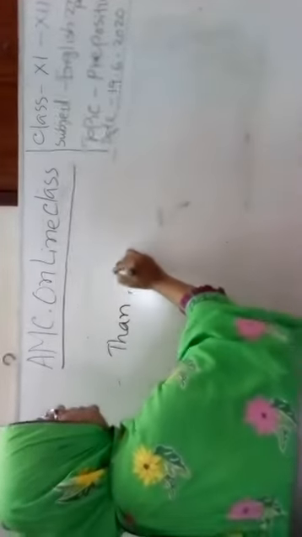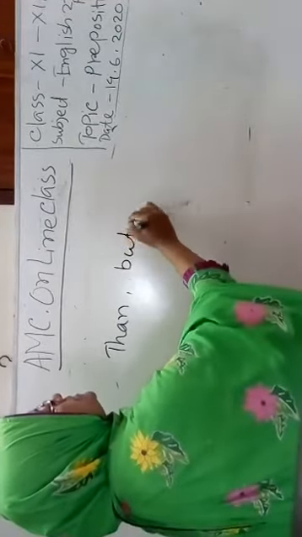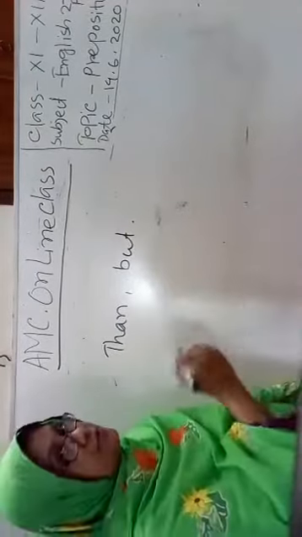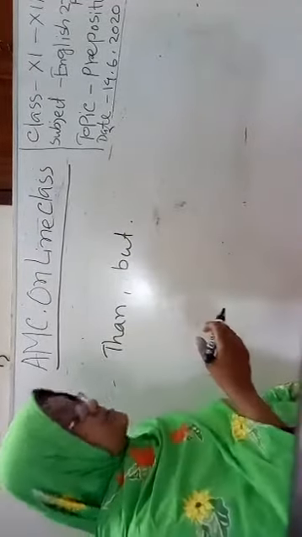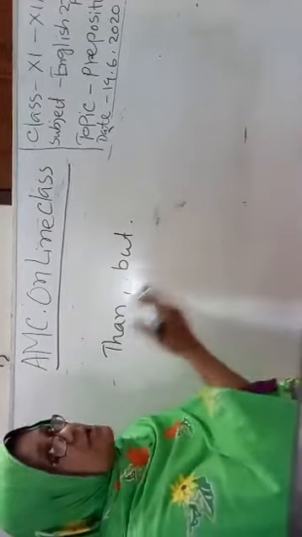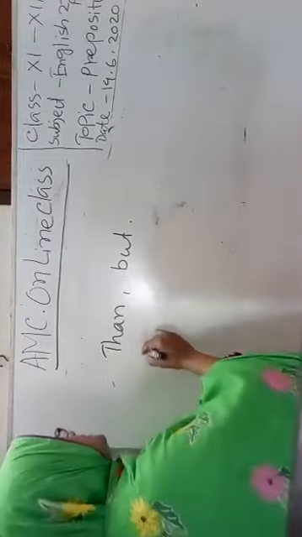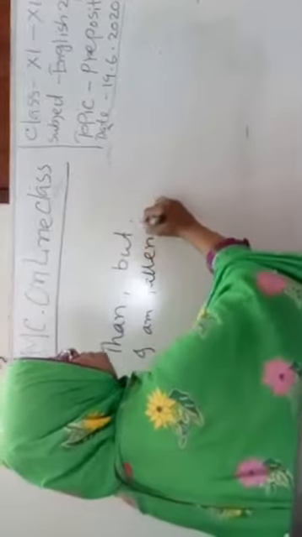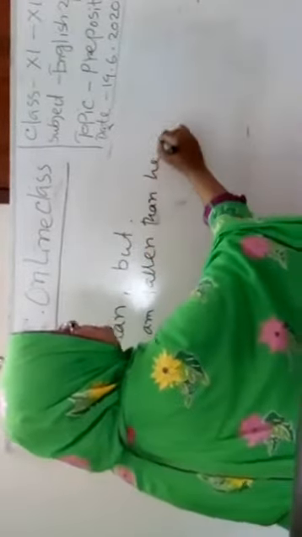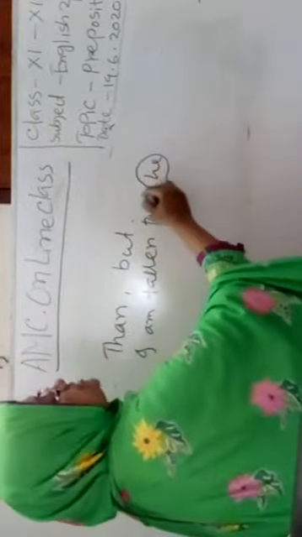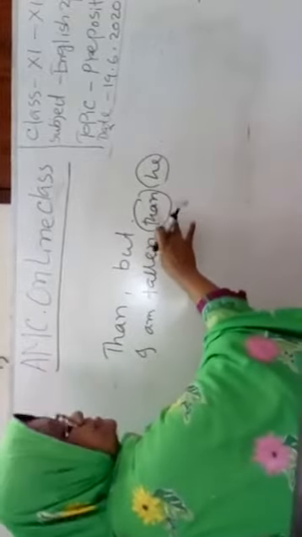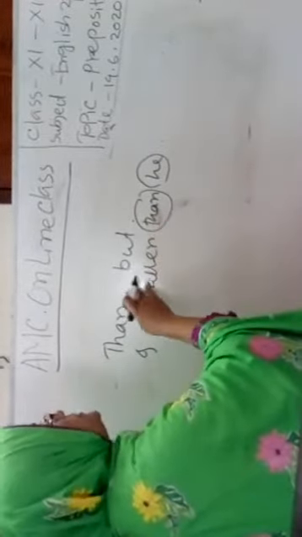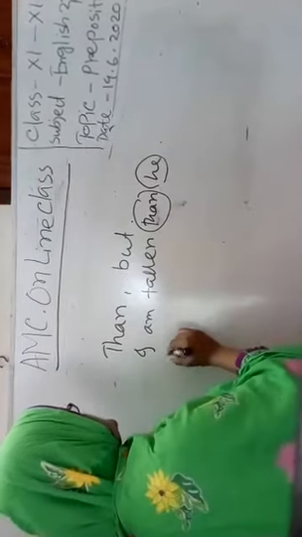Then and but. These are examples of two conjunctions, and these two conjunctions are used as special prepositions in some cases. For example, I am taller than he, and this "he" is the object of this conjunction, so it also works as a preposition in this sentence.